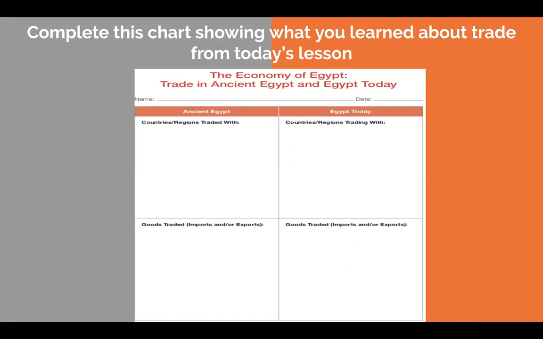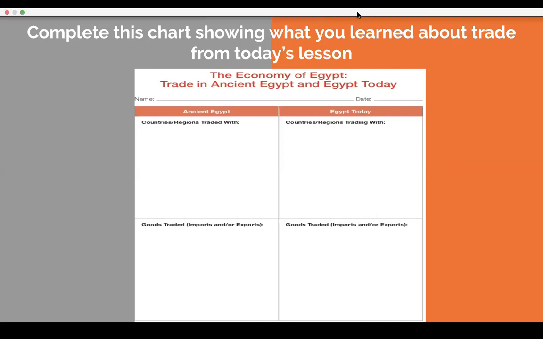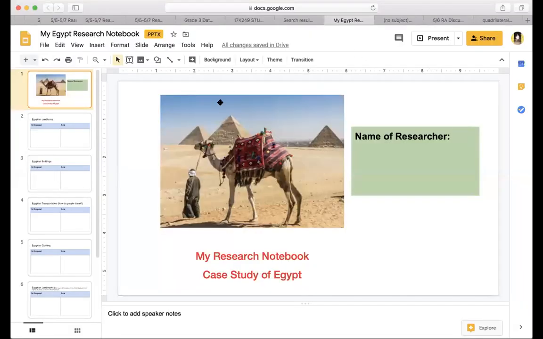So now, boys and girls, I want you to complete this chart, and I want you to think about everything that we learned about Egypt and its trade today. We're going to think about ancient Egypt and what countries ancient Egypt traded with and what goods they traded with. And we're going to think about Egypt today. You can find this in your notebook if you go back to your Google Classroom. You're going to go to your research notebook where we were taking our notes on everything that we've learned about Egypt.